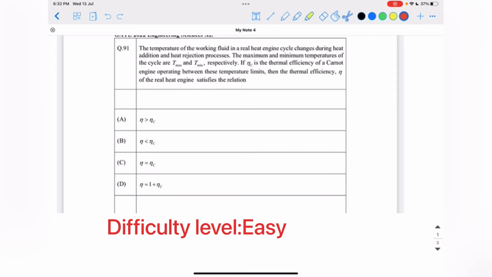So it is given that there is a real heat engine which is working between Tmax and Tmin, and the efficiency of that engine is eta. Now if a Carnot engine is made to work between these two limits Tmax and Tmin, and eta C is the efficiency of Carnot engine, so what is the relation between eta and eta C?